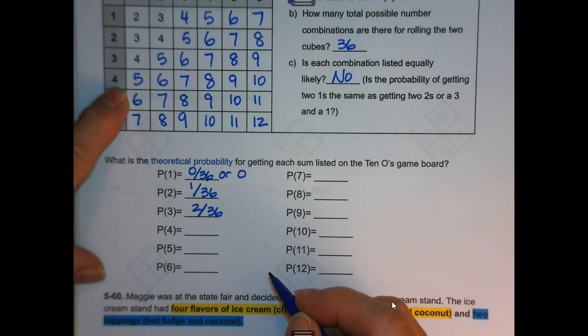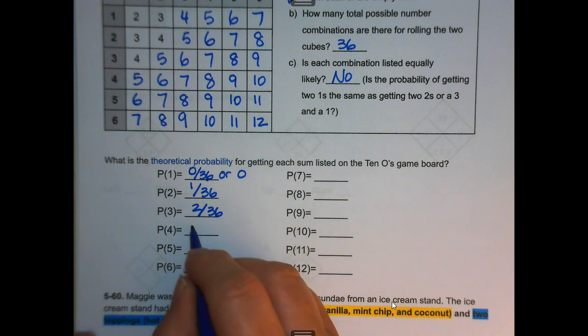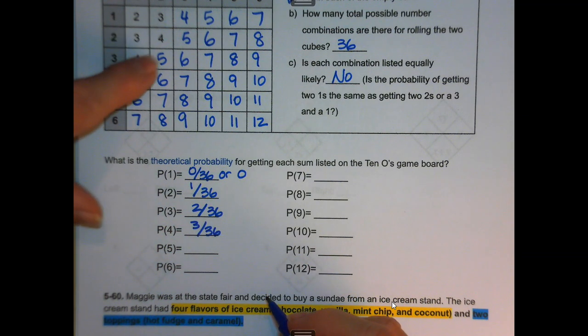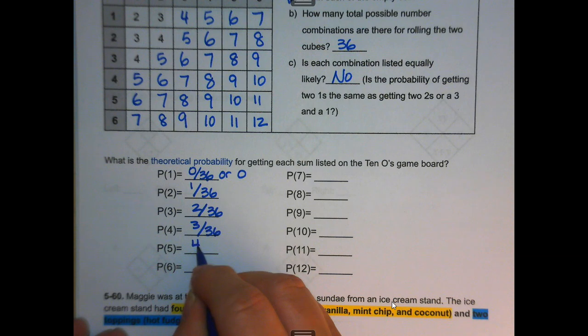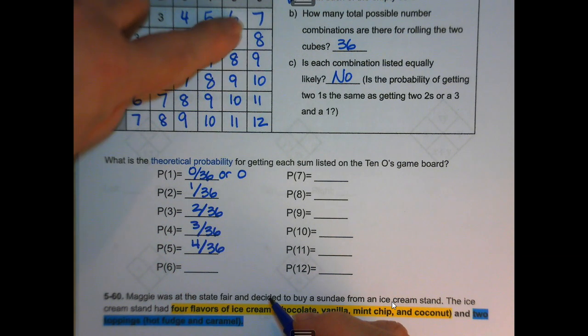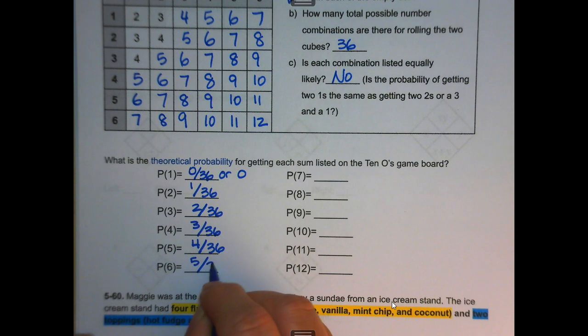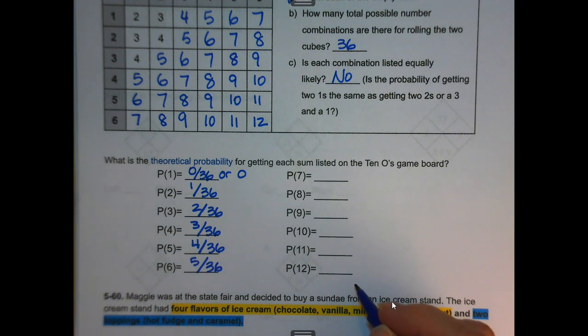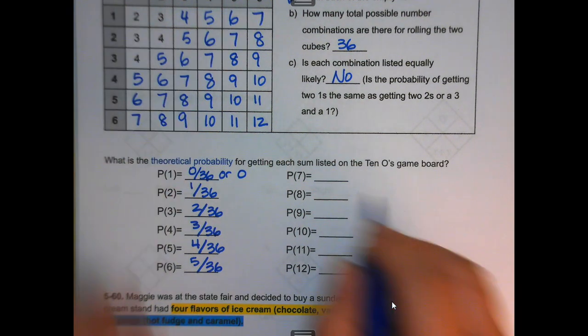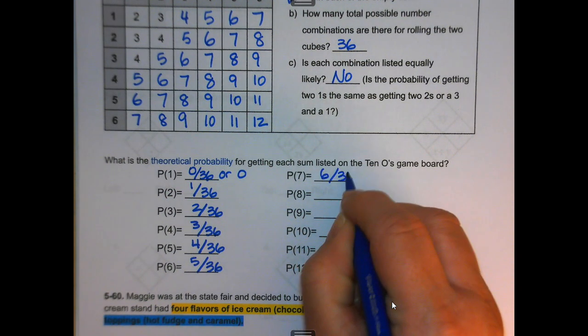Probability of getting 4s, 1, 2, 3 out of 36 possible. 5s, 1, 2, 3, 4 out of 36. 6s, 1, 2, 3, 4, 5 out of 36 for that. Probability of getting a 7 is 1, 2, 3, 4, 5, 6 out of 36.